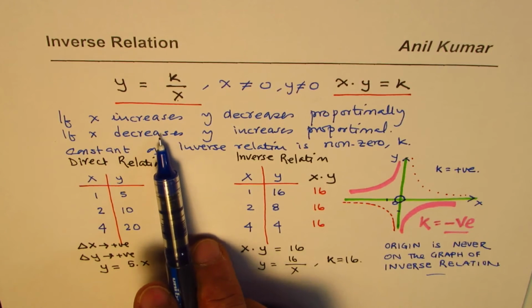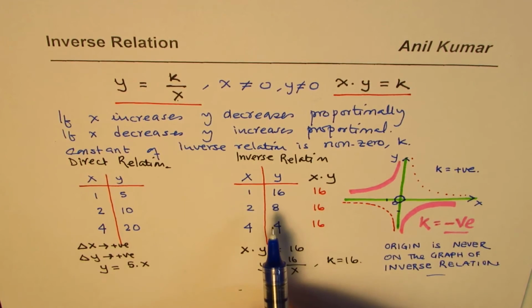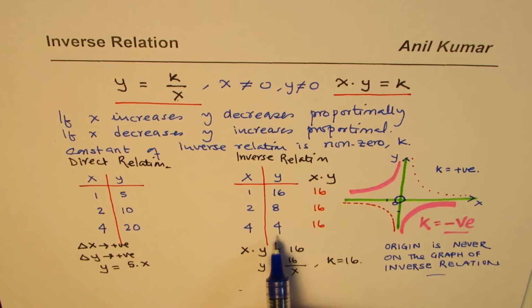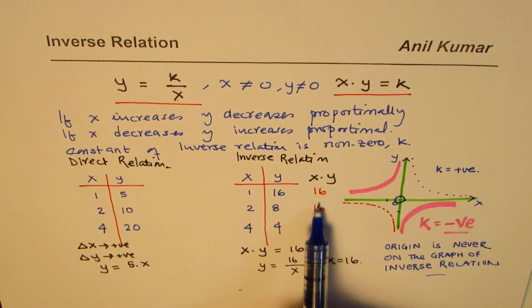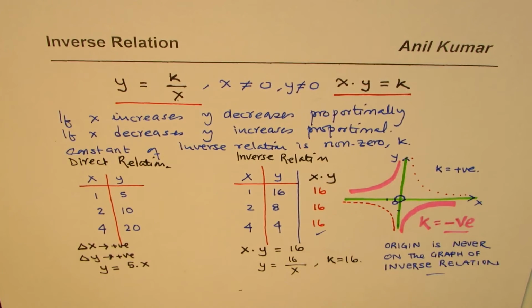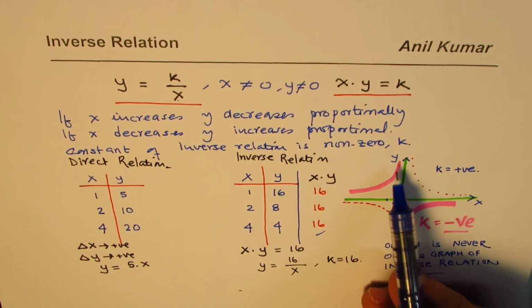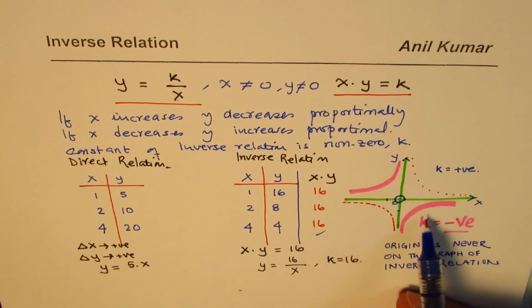In an inverse relation, as x increases, y decreases. If x decreases, y will increase. And if you are given a table of values, you can find the product of x and y. If you get a constant, it means it is an inverse relation. Is it okay?